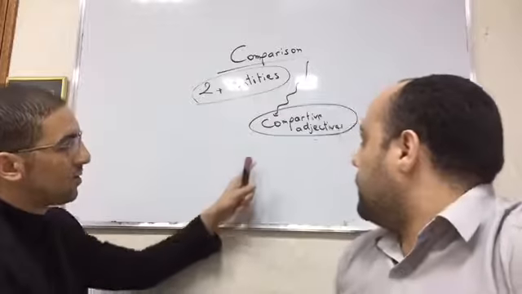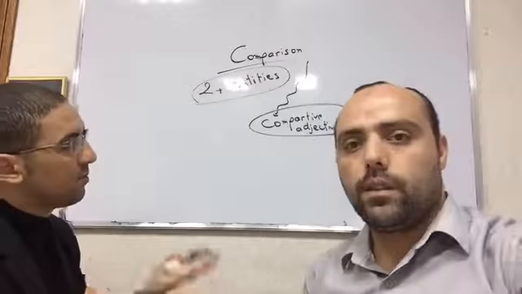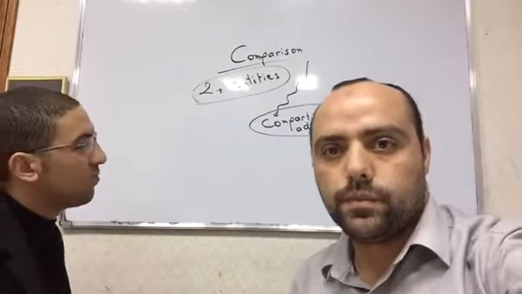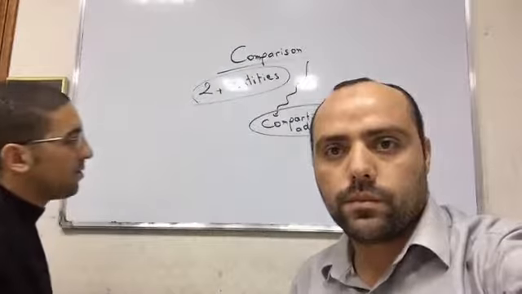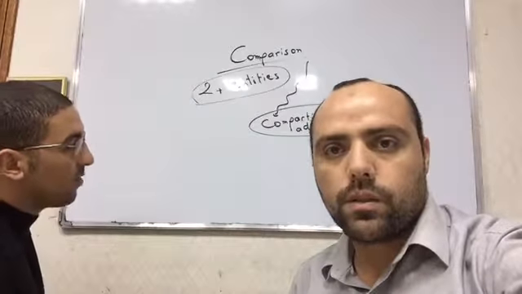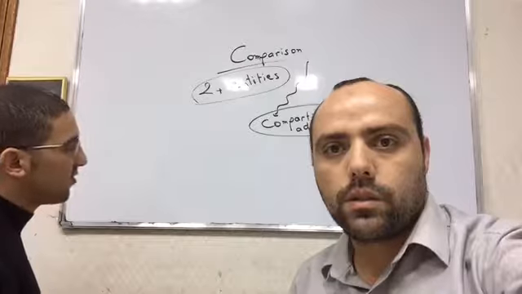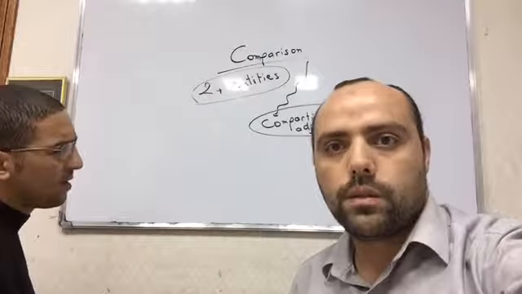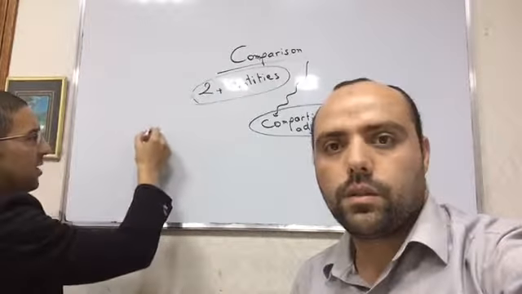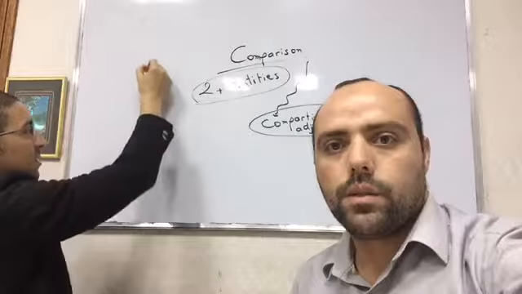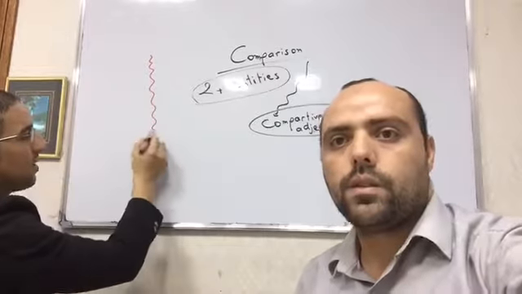So we use the comparative adjectives in order to compare. We use comparative and superlative adjectives to compare, but the amount or the degree of comparison differs between comparative and superlative adjectives. For example, here we have this chart. We are comparing two things.